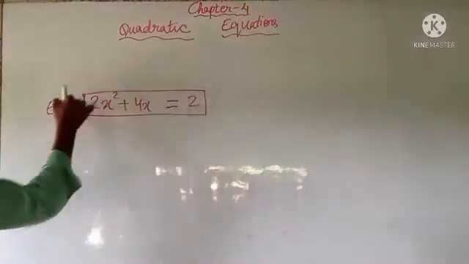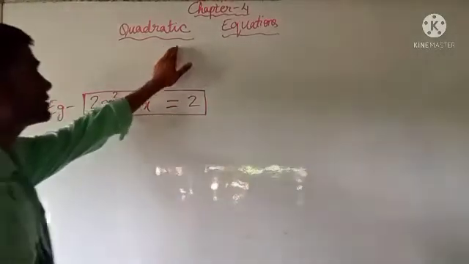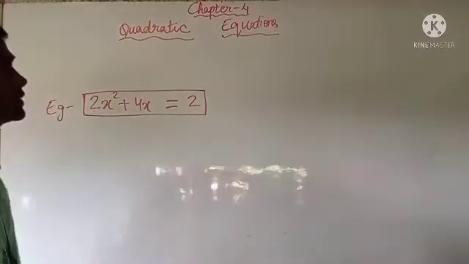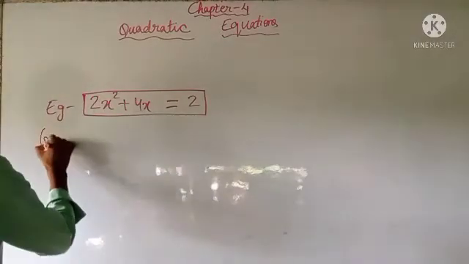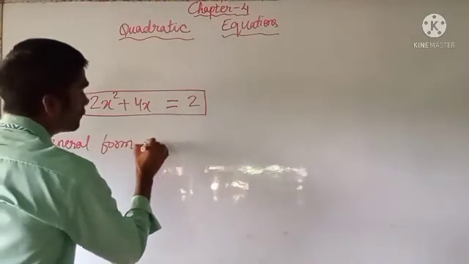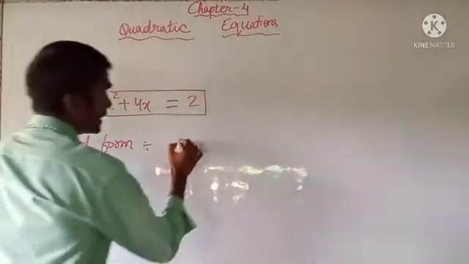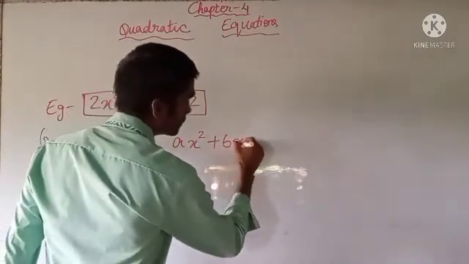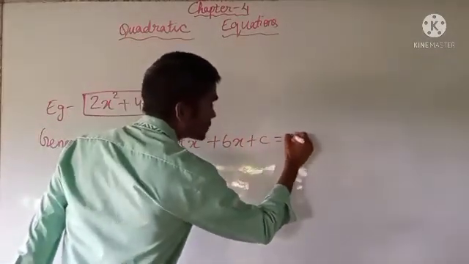Now when we are talking about the general form of a quadratic equation, how can we obtain it? The general form of a quadratic equation is ax square plus bx plus c is equal to 0.